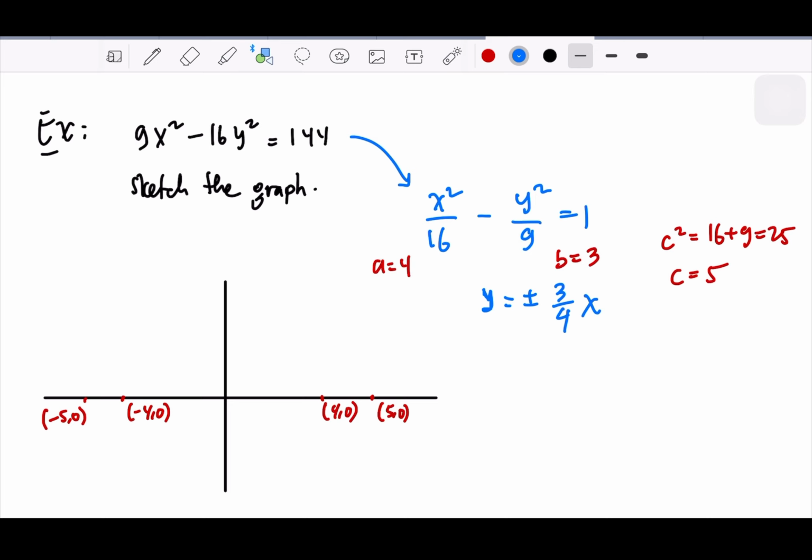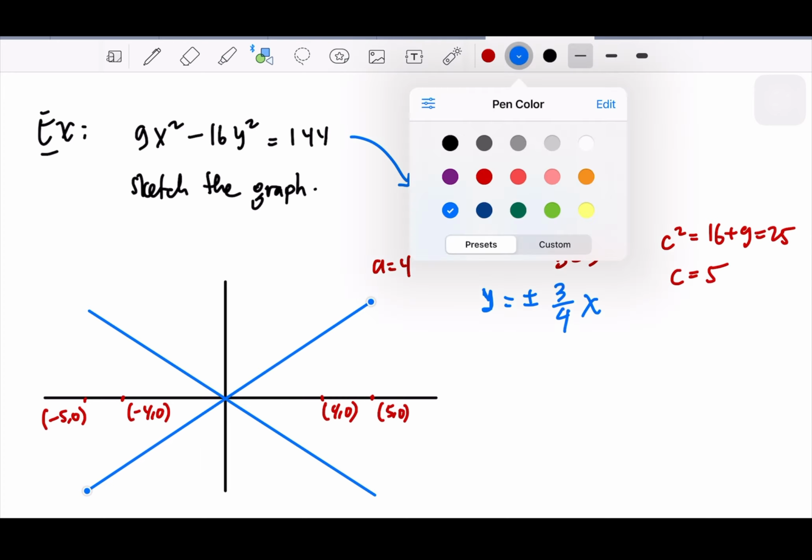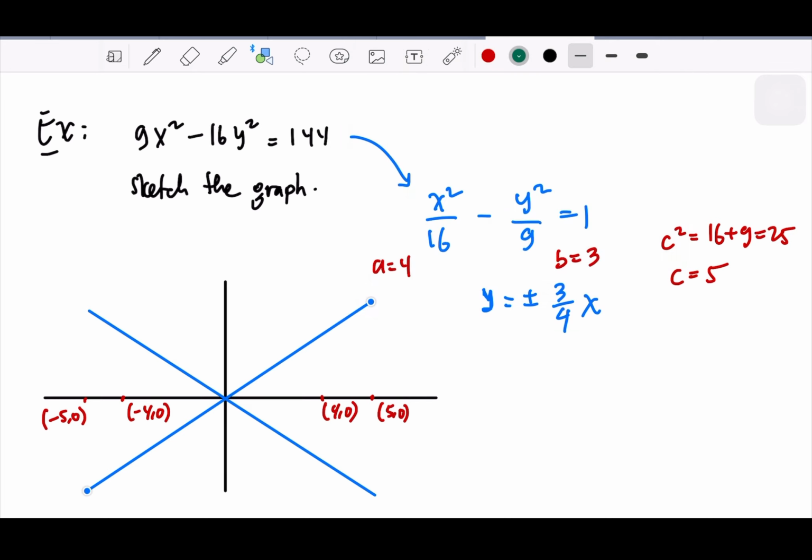And maybe the asymptote is there, and the other one is around here. Okay. As long as you mention all the important points on the hyperbola, I think it should be okay.